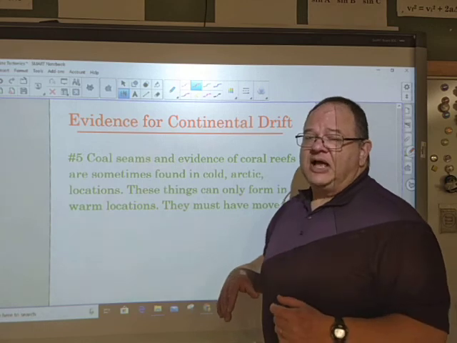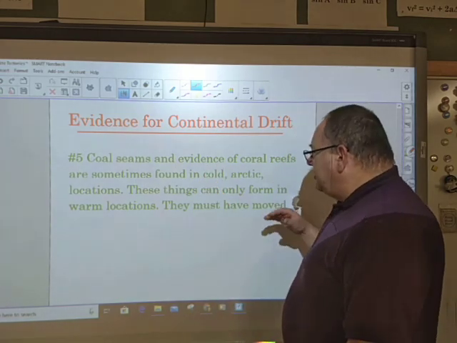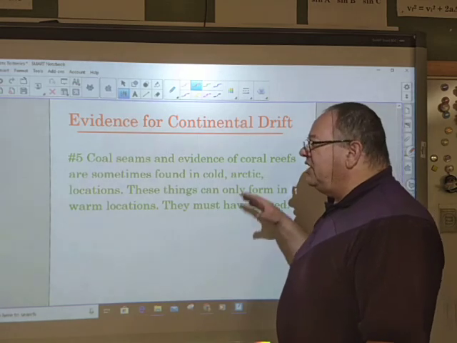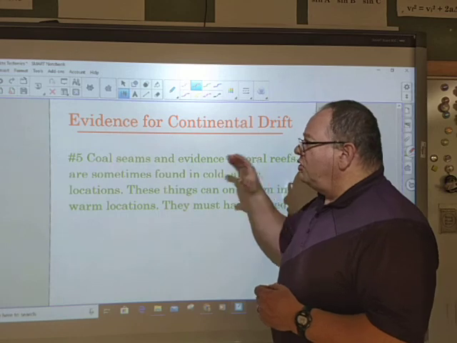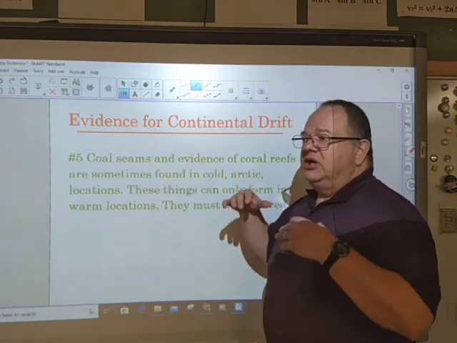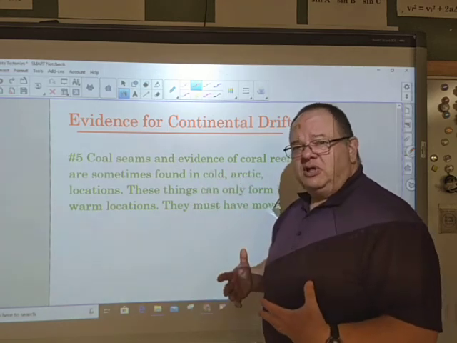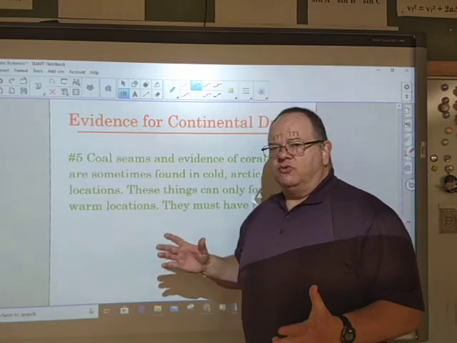Now, don't quote me on the Alaska thing, but it could be some other piece of land. At some point in time, could it have been further south? Could it have been in a more tropical location? So when we find coal and coral fossils in cold climate locations, it's again evidence that stuff must have moved.